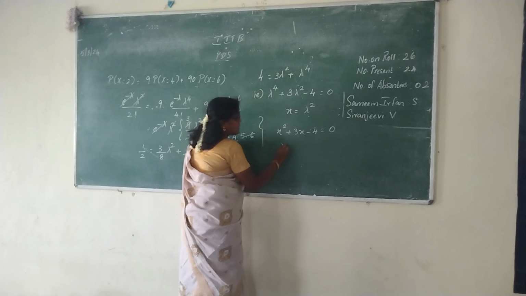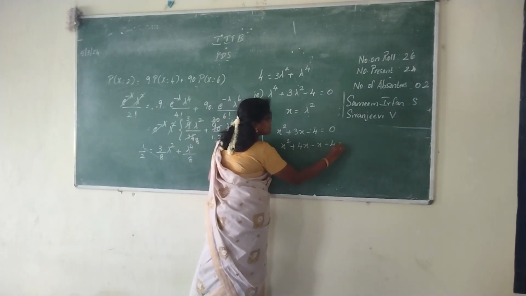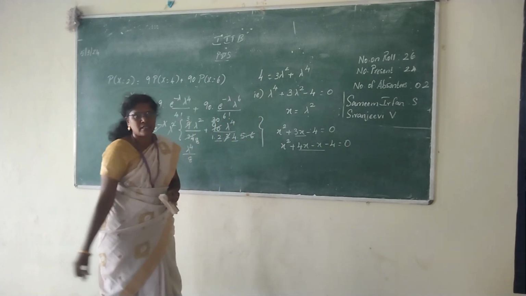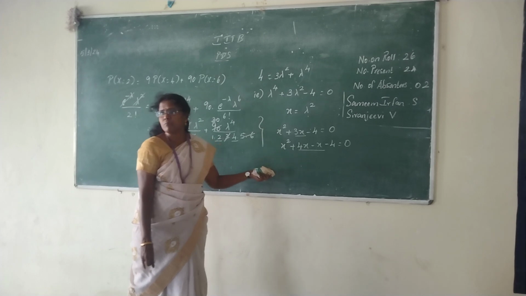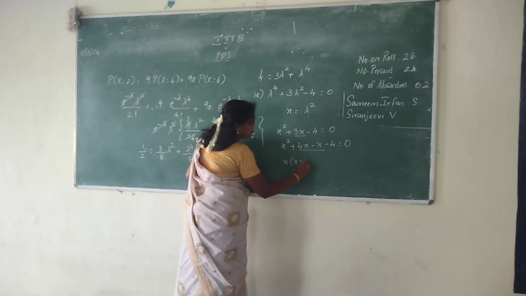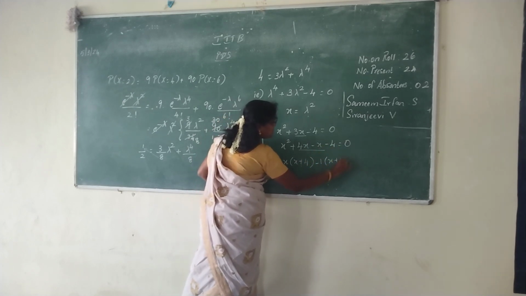Okay, so x square plus 4x minus x minus 4 equal to 0. This 3x is written as 4x minus x. What is common in the first two terms? X. So take it outside: x plus 4. In the last two terms, minus 1 is common, so x plus 4.